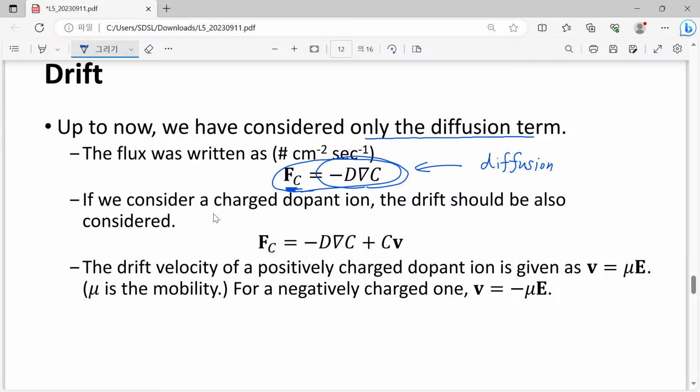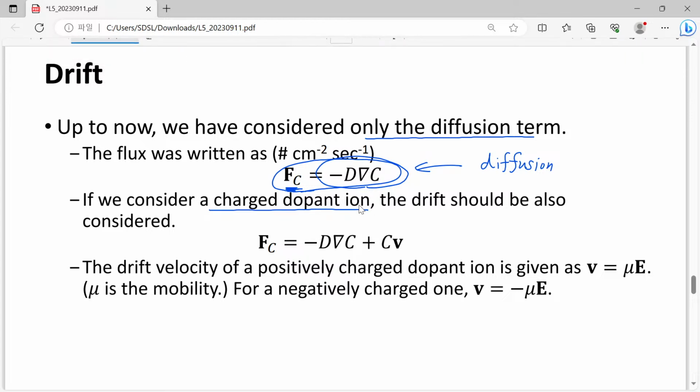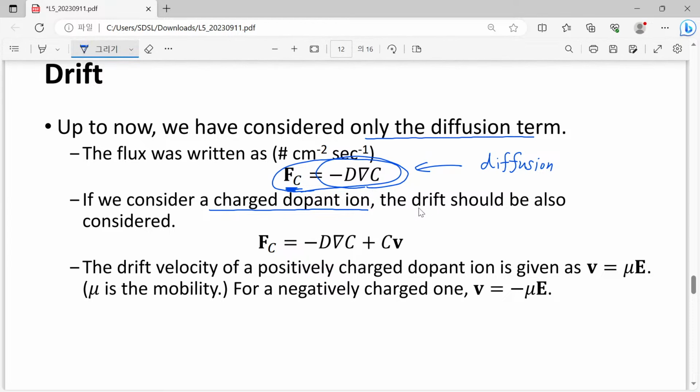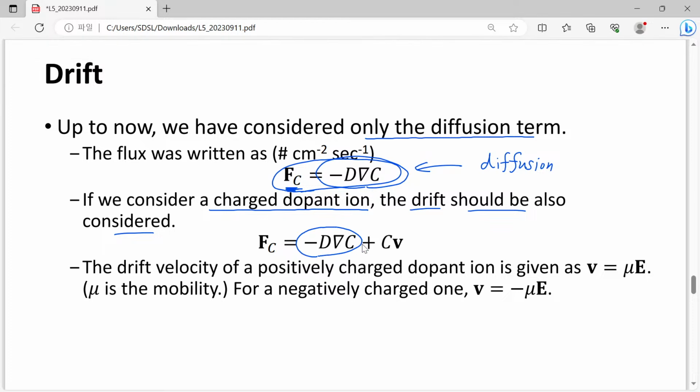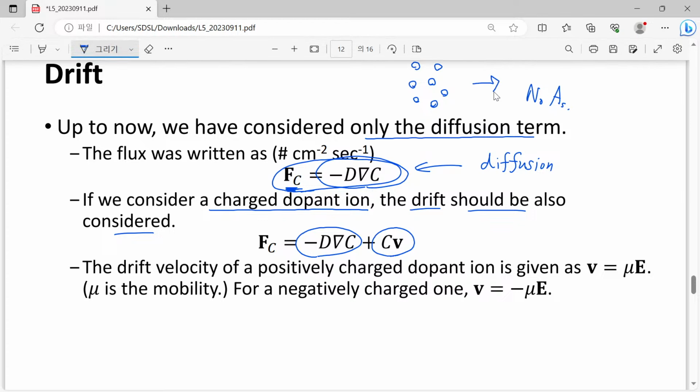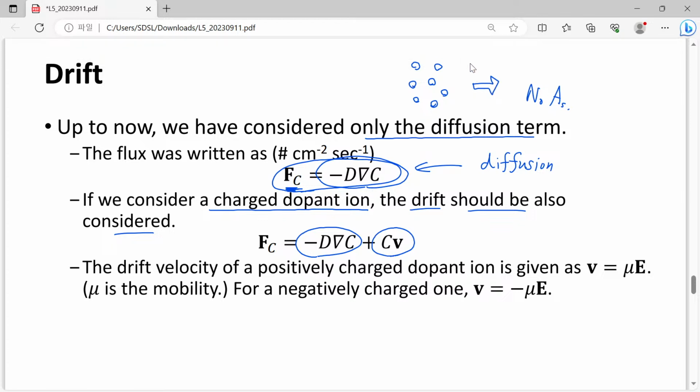However, if we consider a charged dopant ion, as in the case of our dopant, then drift should also be considered. I mean that previously we had the diffusion term and we must now also consider the drift term. Simply speaking, take our arsenic example once again. Here we have the region where we have many arsenic atoms and here we have a no-arsenic zone. Then we will have strong diffusion by the diffusion mechanism.